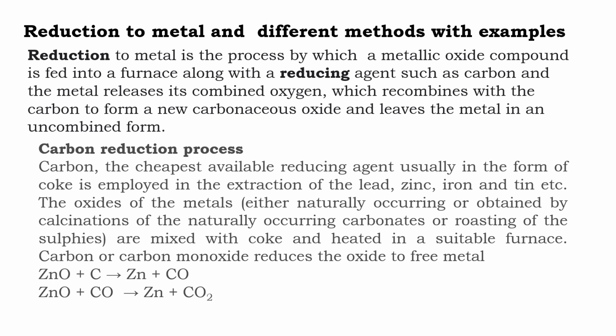Now moving to reduction of metals using different methods. Once we have obtained the corresponding oxides of the metal, we have to convert those oxides of the metal to the corresponding impure metallic form.